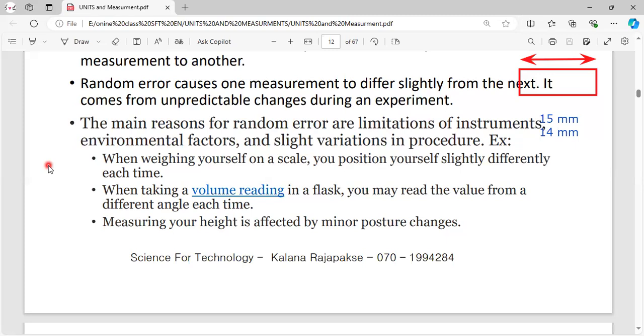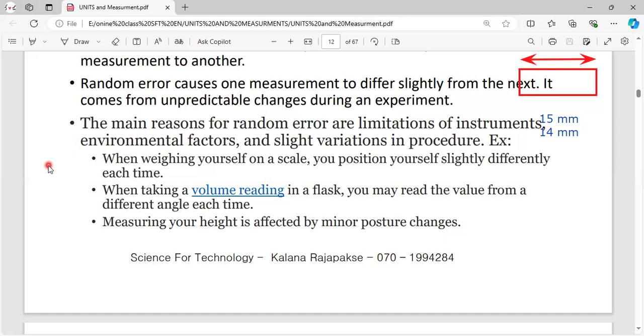For example, we can use a meter ruler made out of stainless steel only under a certain limited temperature. We cannot use it at higher temperatures than denoted in the specification notes of that instrument, right?